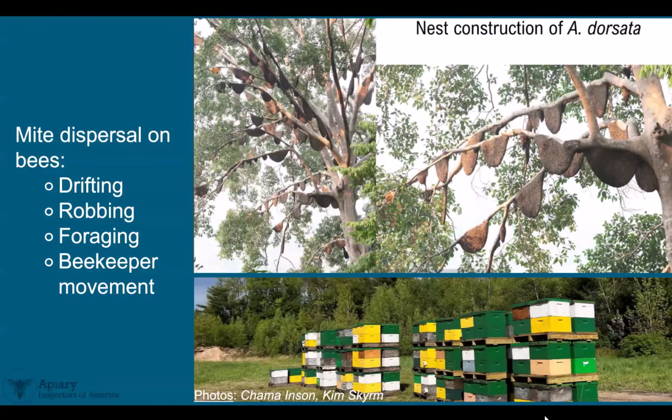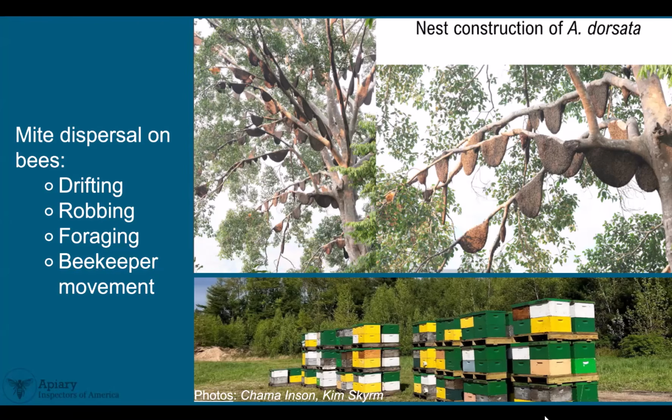So mite dispersal in the bees, even though they're very different in that Apis dorsata are in trees and honeybees are in colonies, is similar, because of drifting, robbing, foraging, and beekeeper movement. Drifting happens because of the way the Apis dorsata colonies are built. Even though they're not in hives like Apis mellifera, on these tree branches they are in very close proximity, just like hives in an apiary.